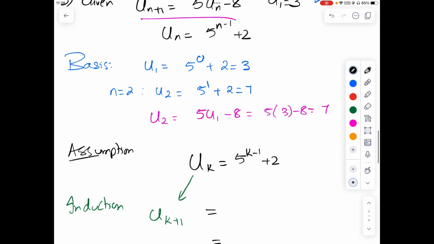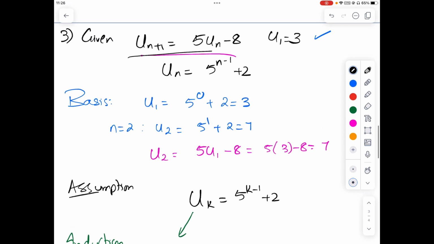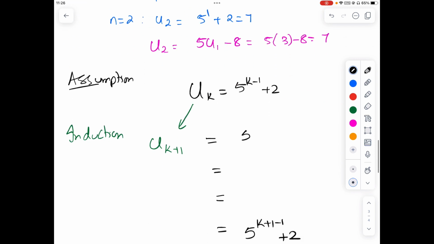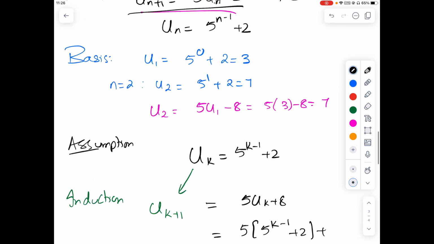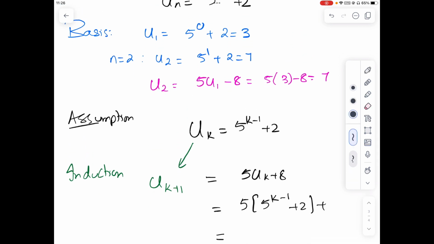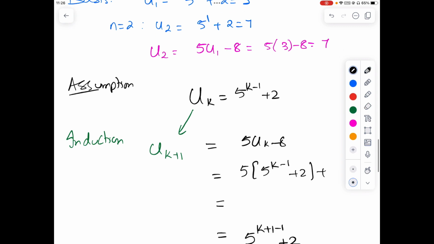So from the recursive formula, uk plus 1 will become 5uk minus 8. 5 times uk is the assumption: 5 power k minus 1 plus 2, minus 8. I write it over here, minus 8. So it becomes 5 times 5 power k minus 1 plus 10 minus 8. I think that is the answer required.